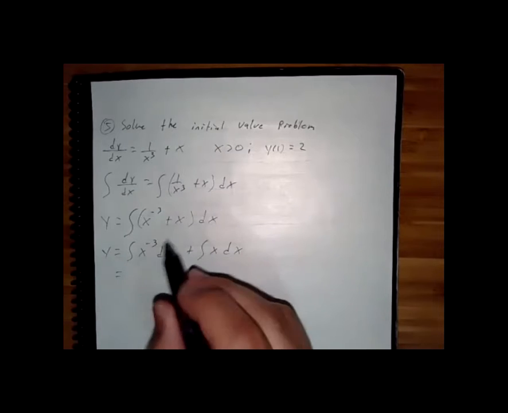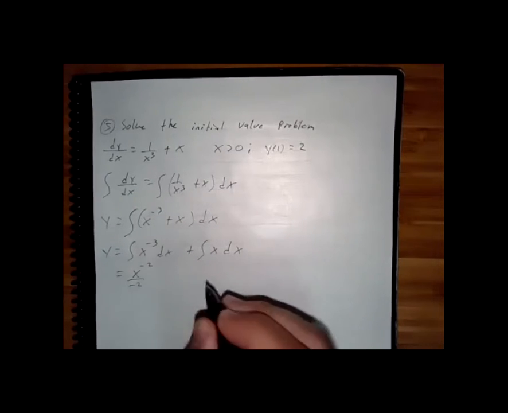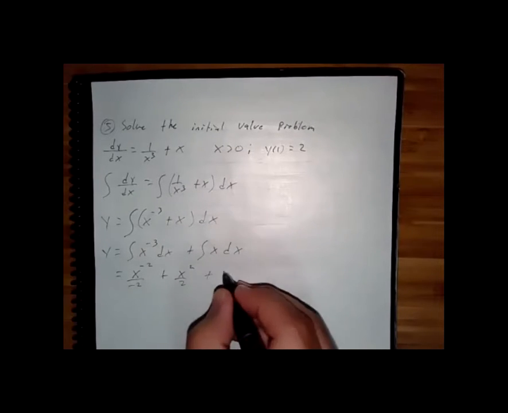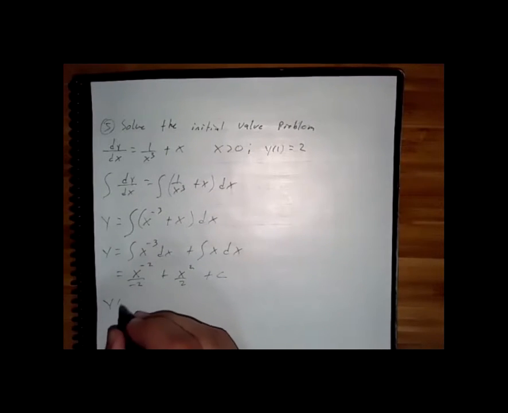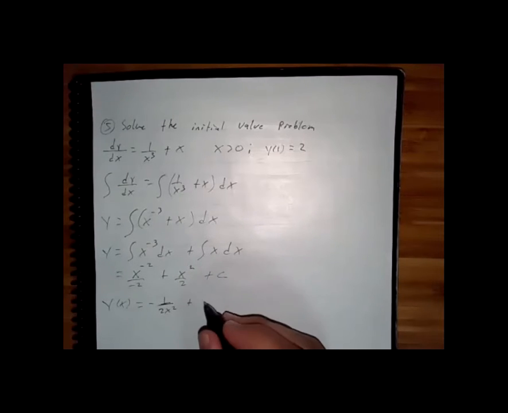So power rule will give us x to the negative 2 over negative 2 plus x squared over 2 plus c. So y of x, the function, is equal to negative 1 over 2x squared plus x squared over 2 plus c.